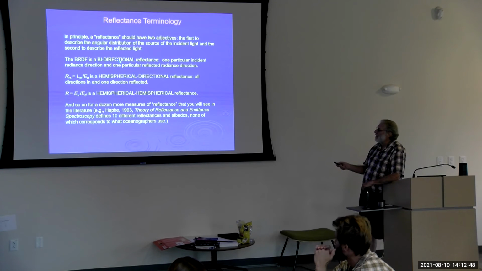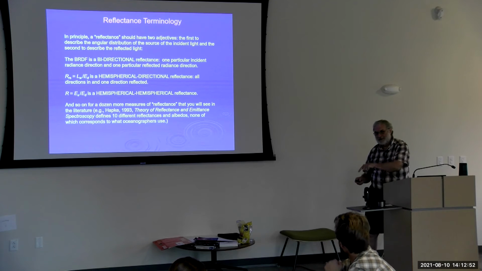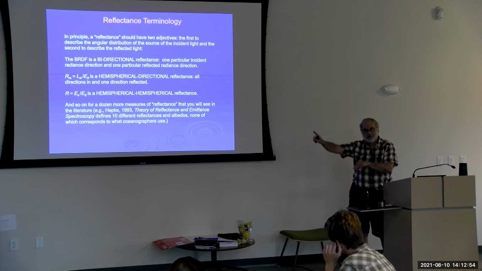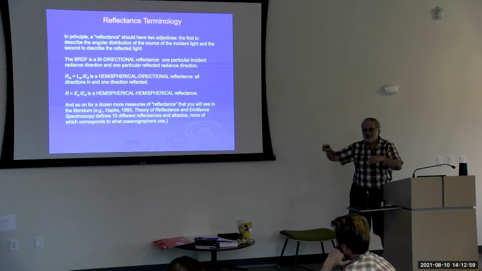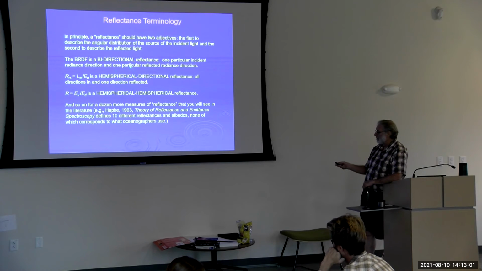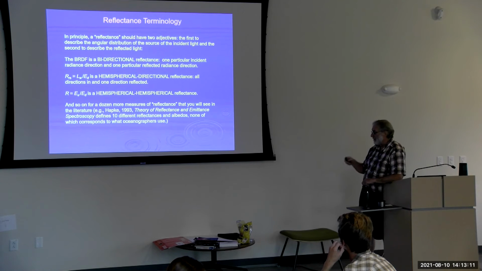So the BRDF is a bidirectional reflectance. It has one particular incident direction and one particular outgoing direction. And then you vary those over all the incident and all the outgoing directions. But it's measuring a radiance. It's telling you how radiance in one incident direction is turned into radiance in one reflected direction.